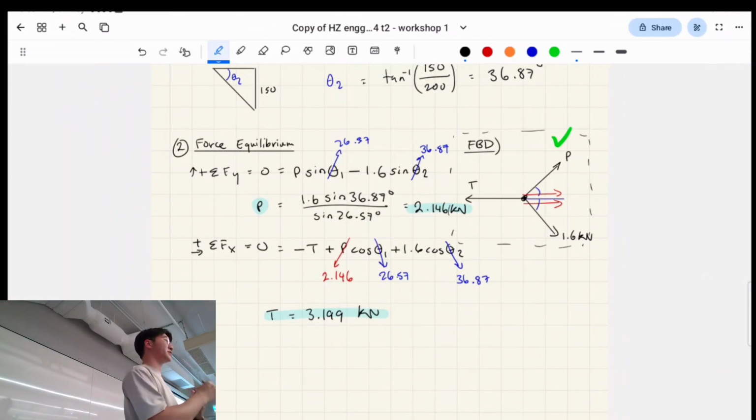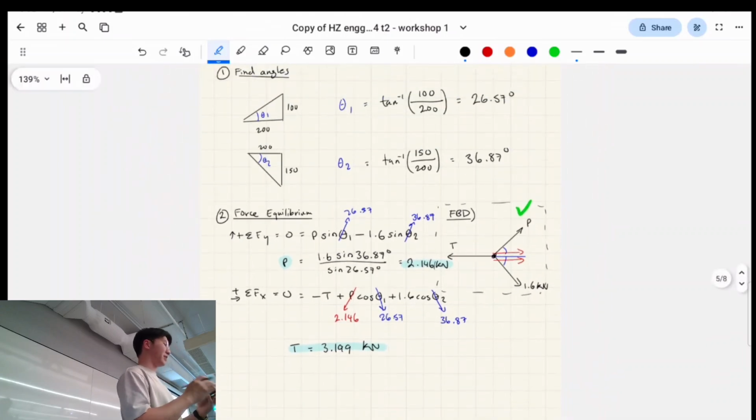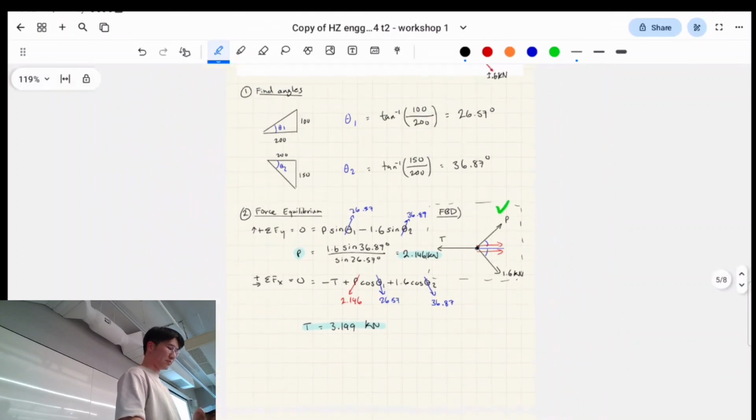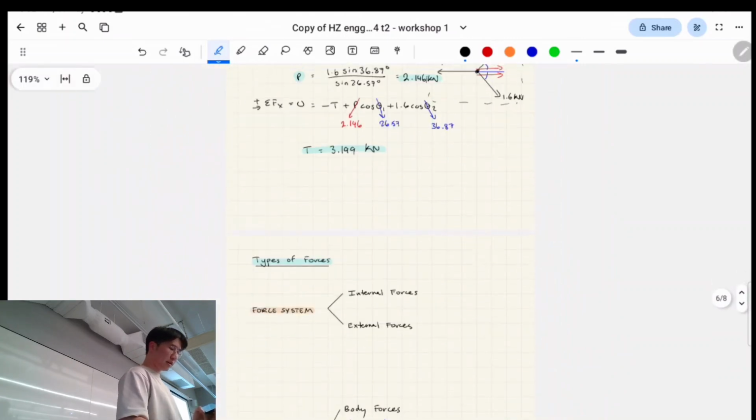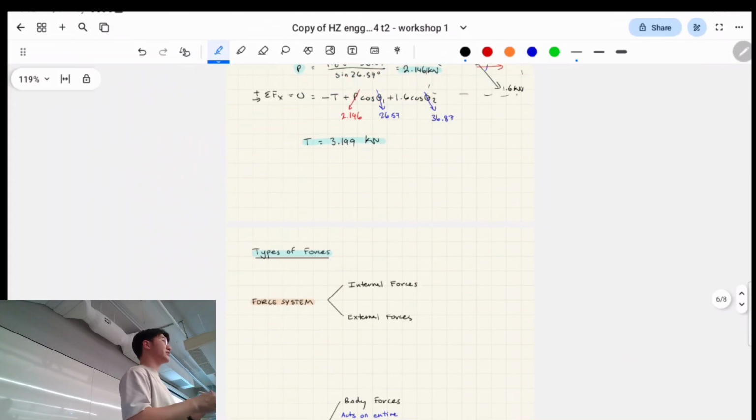And you'll know how to do the force equilibrium method, which is what I just showed you now. That's great, but I'm also going to go over two additional questions, but I promise they won't be very long. Sorry, I'm going to go over a little bit of theory and then two kind of shorter questions. Those two questions are adjacent topics, which will build on your understanding. But the crux of it was in these first two questions I just showed you, right?